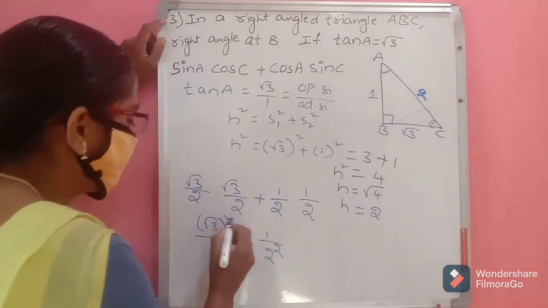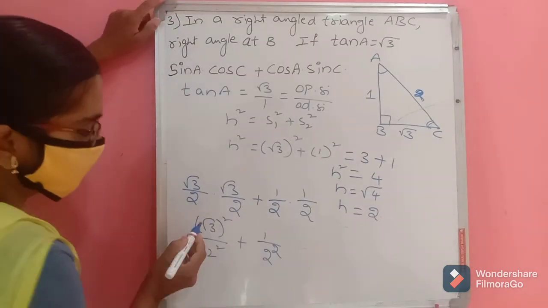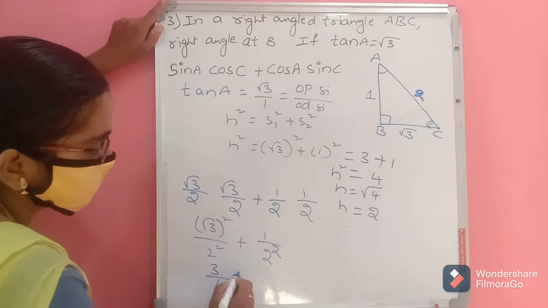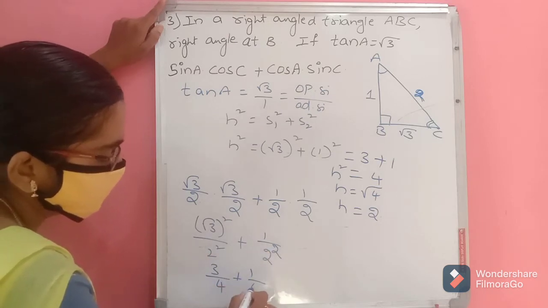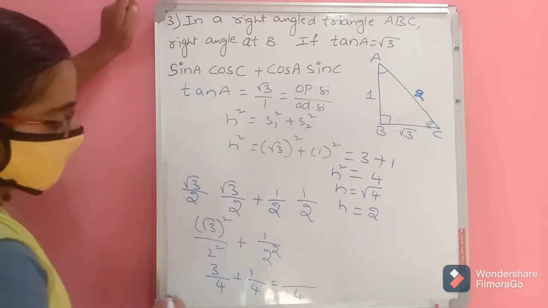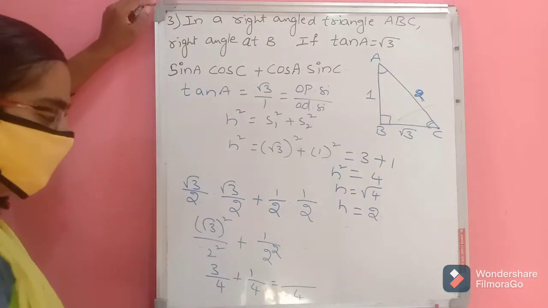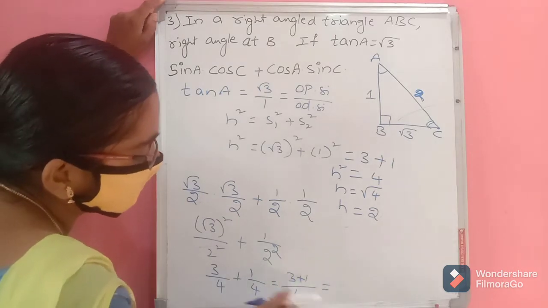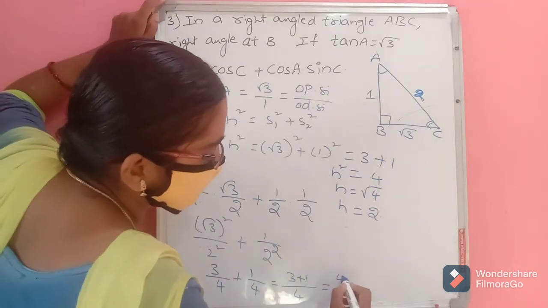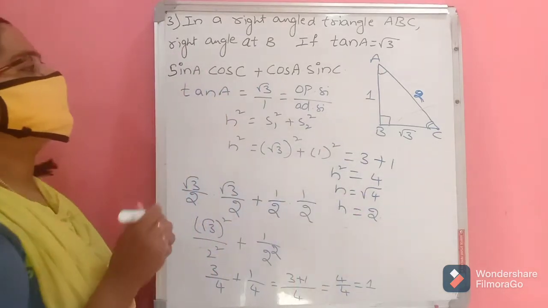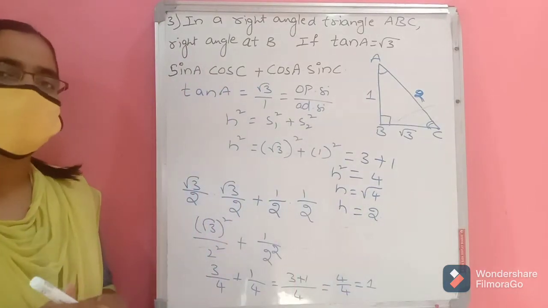Root 3 whole square means the square root gets cancelled. 3 by 4 plus 1 by 4. When denominators are the same, numerators we can add directly. So 3 plus 1 is 4. 4 by 4 is equal to 1. Therefore sin A cos C plus cos A sin C value is 1.